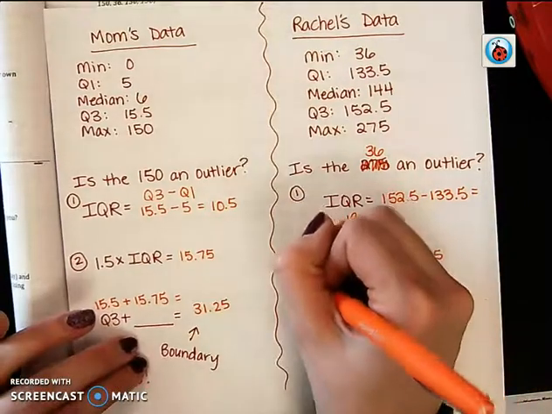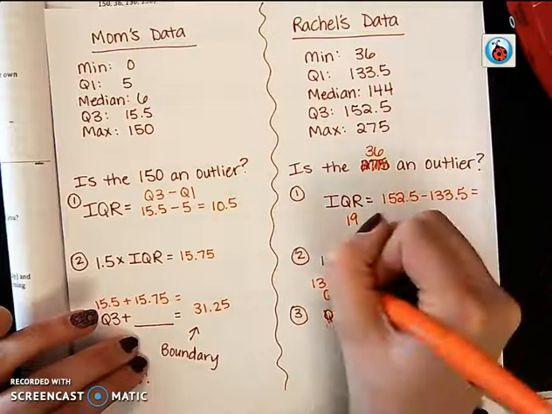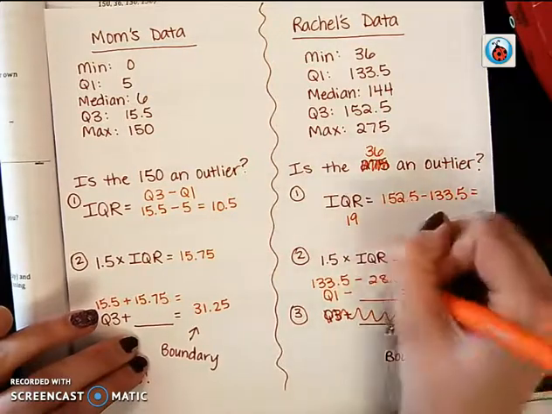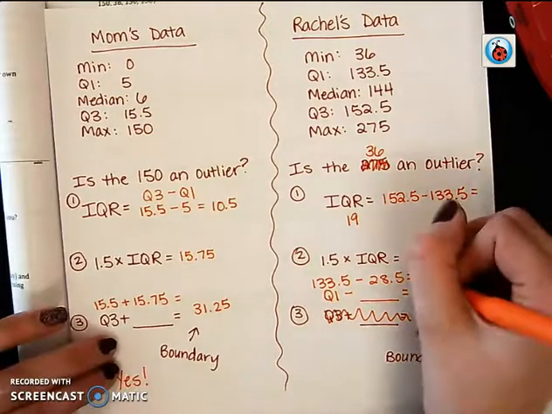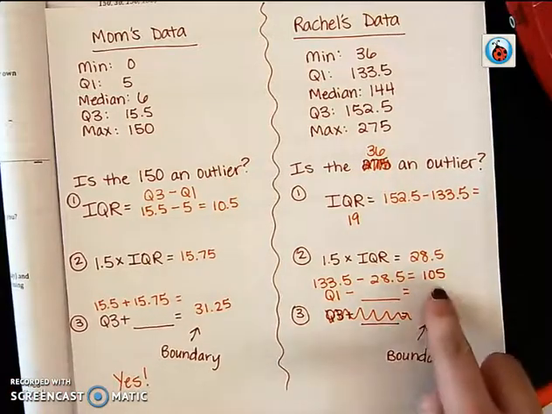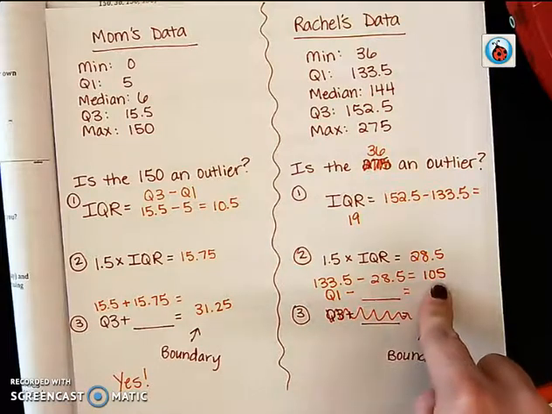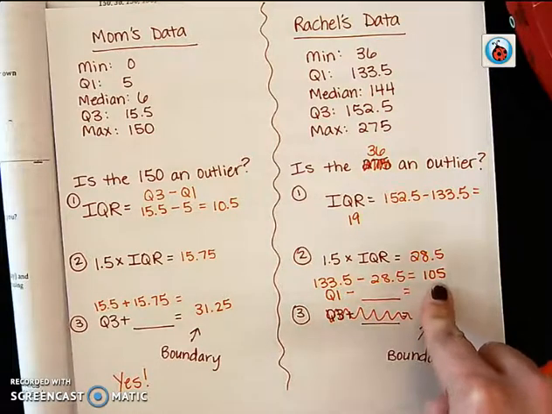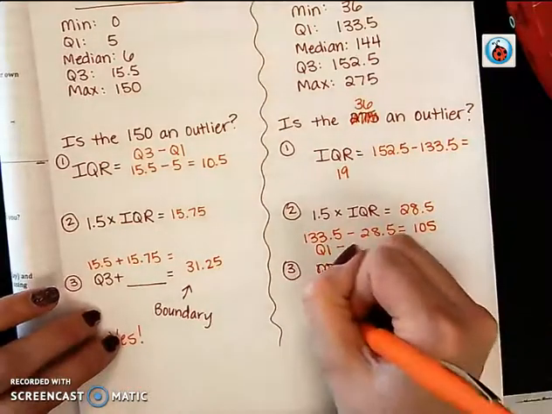So Q1 is 133.5, and we are going to subtract the 28.5 that we just got, which gives me 105, which means that is my boundary. So any number that is lower than 105 would be considered an outlier in Rachel's data. So is the 36 an outlier? Yes.